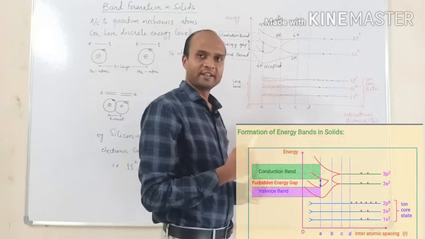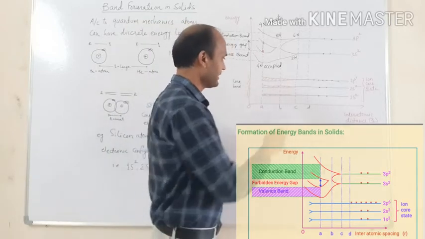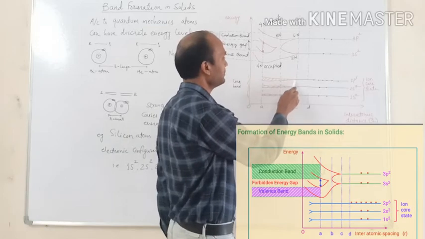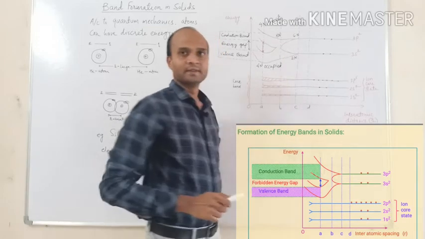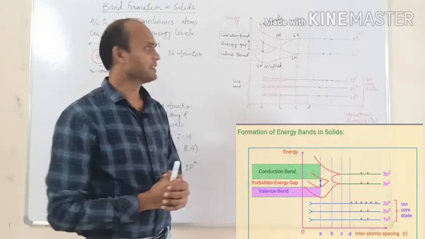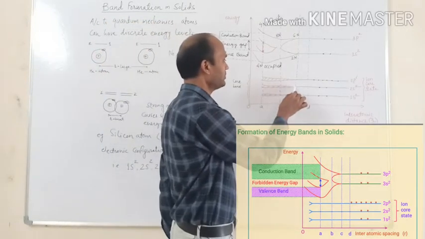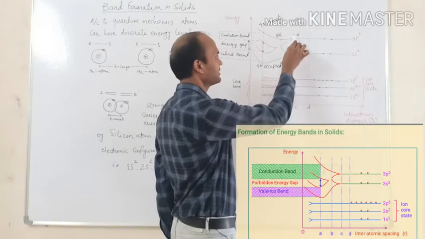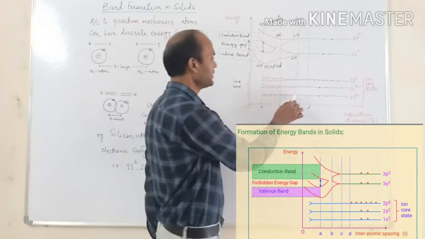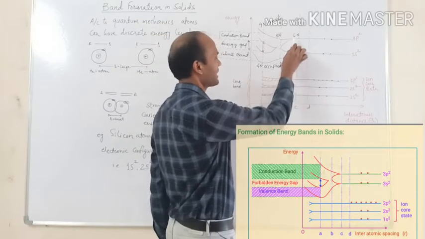Now decrease the distance below C, then interaction will start. Because of this interaction, splitting of the energy levels will take place. So here splitting of the energy level will start.